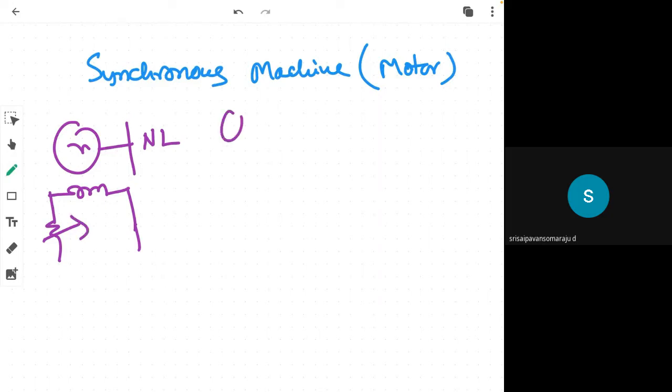The Q expression: Q is equal to EB V by X cos delta minus V square by X, where EB is the back EMF.